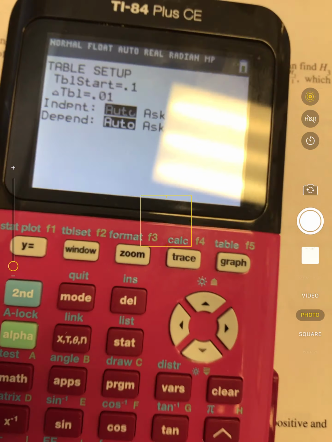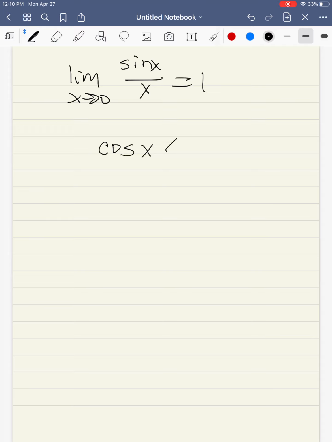All right, so because this is a geometric proof, what we're trying to show is that cosine of x is less than the sine of x over x, which is, now we know, less than 1.